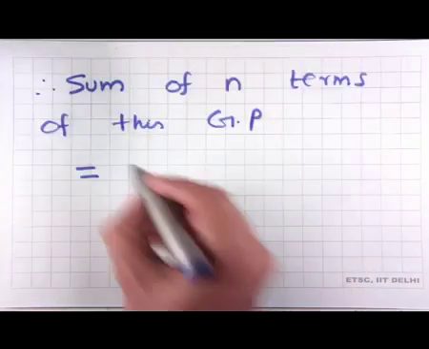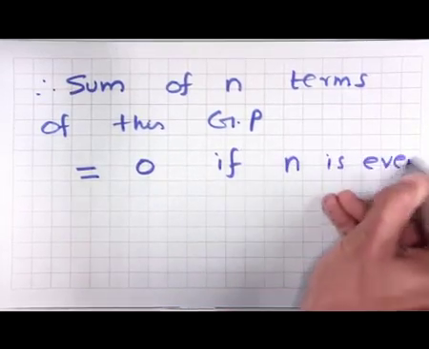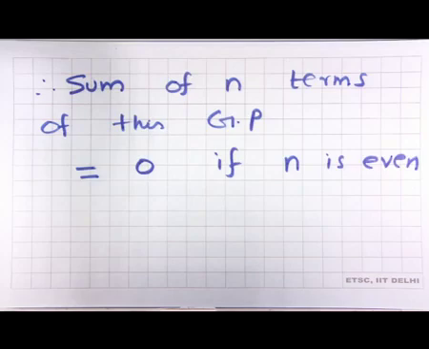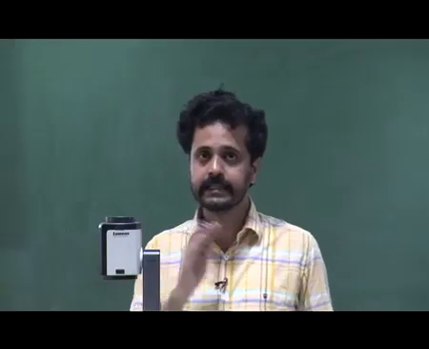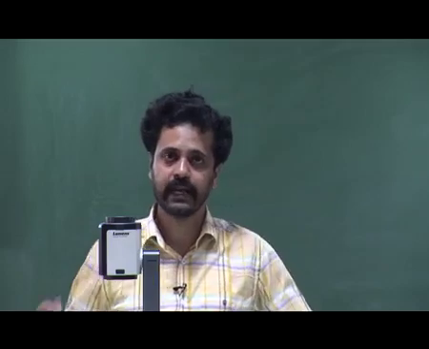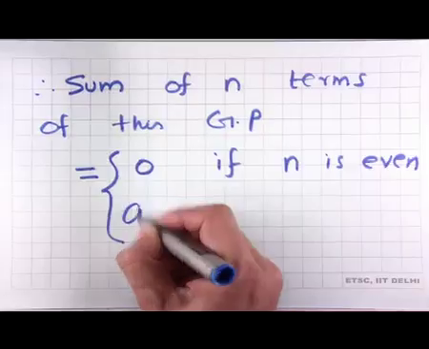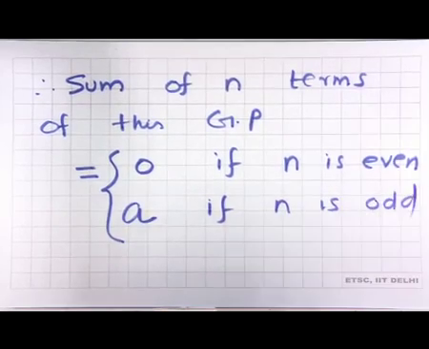So, it will be 0 if n is even, since each A will cancel with minus A. In case n is odd, each A will cancel with minus A, but we will be left with the last A, giving the sum to be A. So, our observation is that the sum of n terms of this particular GP would be 0 if n is even and A if n is odd.